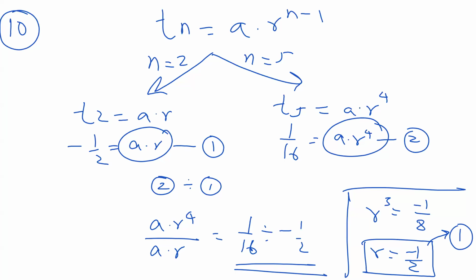Come on. a is equal to 1. Correct. So a is equal to 1, r is equal to minus half.